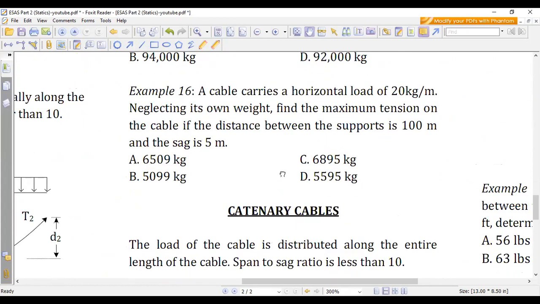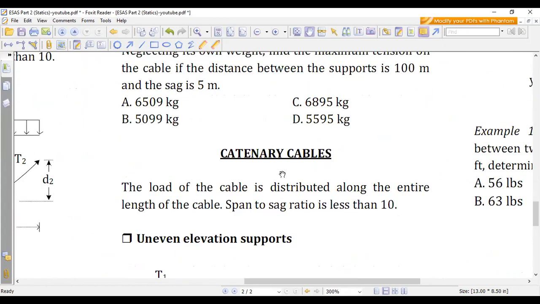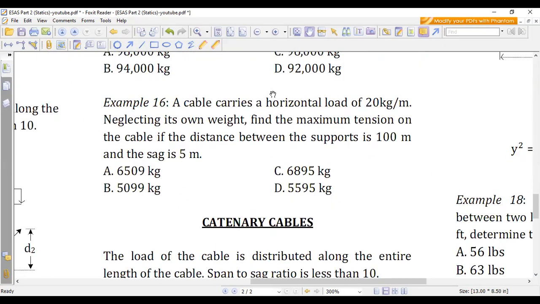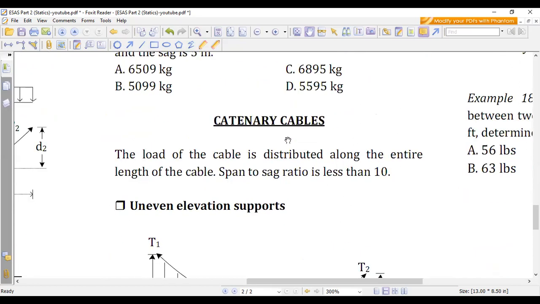The hint that you'll be analyzing it as a catenary cable is, first, the absence of the term "horizontally distributed," or the term must include its own weight. That's considered to be a catenary cable, or the load is distributed along the entire length.